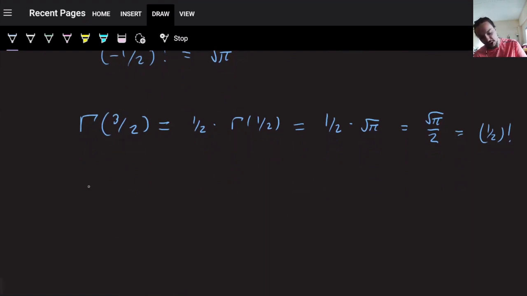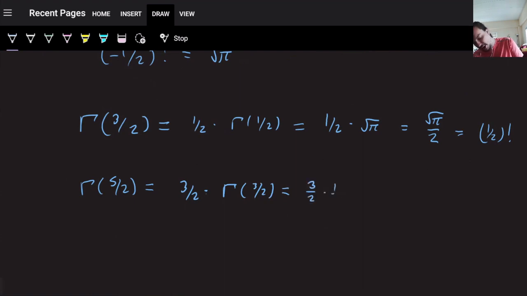So for example, gamma of 5/2 is equal to 3/2 times gamma of 3/2, which is just equal to 3/2 times 1/2 times square root of pi, 3/4 square root of pi, and so on and so forth.